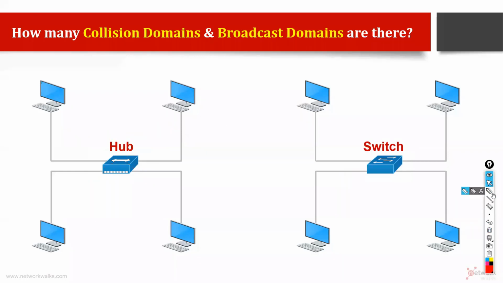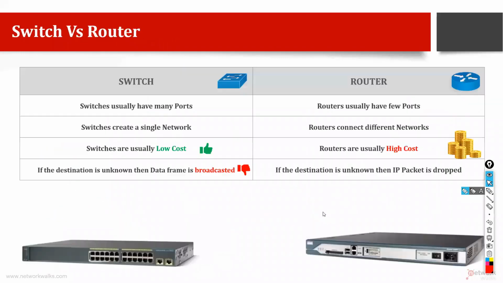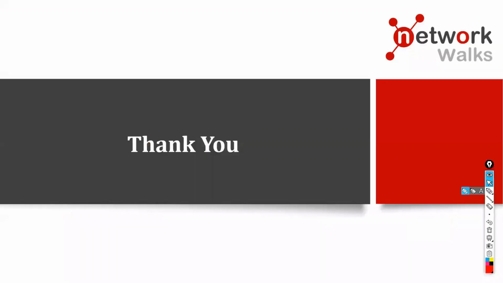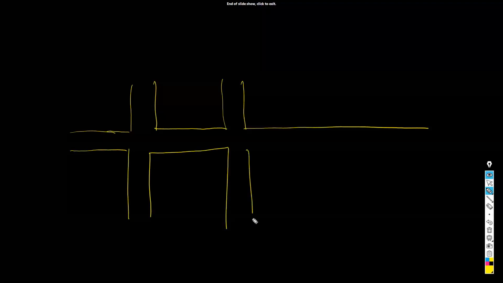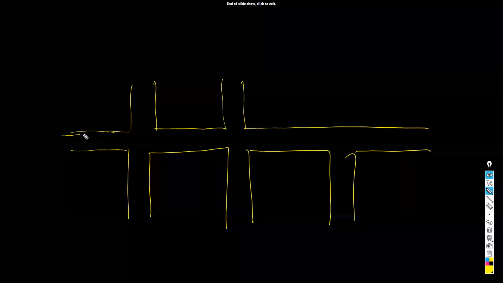Collision domain is same like a car, like a road. Let me give you an example. It is like a road. So road means what? Let's say this is a road, right? Another car wants to come from here, another car from here, and another car from here. Let's say this is a car, right?